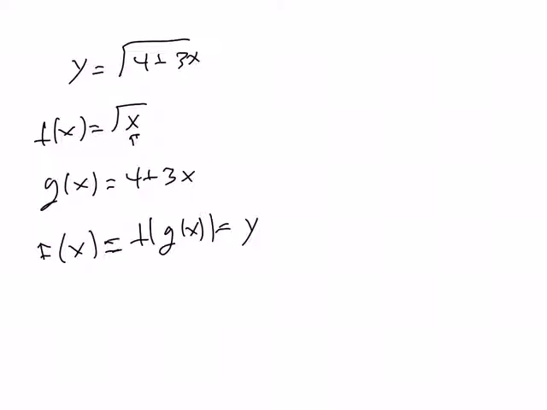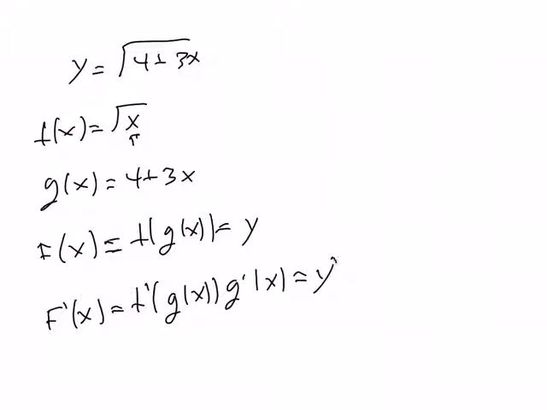So y is equal to F of x, and F prime of x, we know, is going to be f prime of g of x times g prime of x, which is equal to y prime.